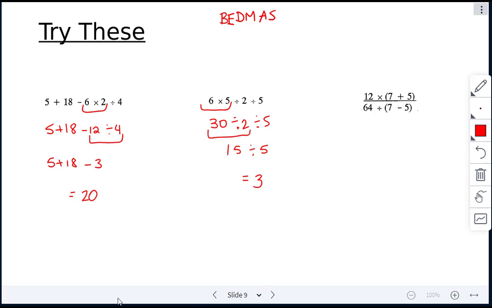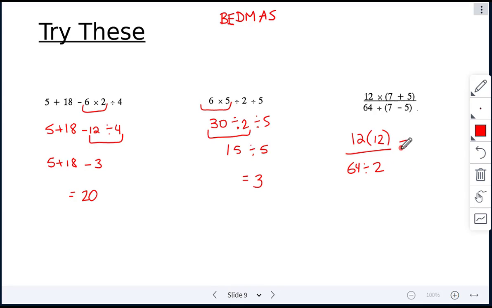All right, so we're going over our last question here. So we have a numerator of 12 times, and then bracket 7 plus 5. So I'm just going to do the numerator here. So that becomes 12 times 12. So 7 plus 5 is 12. And then we have 64 divided by 2 as a denominator.